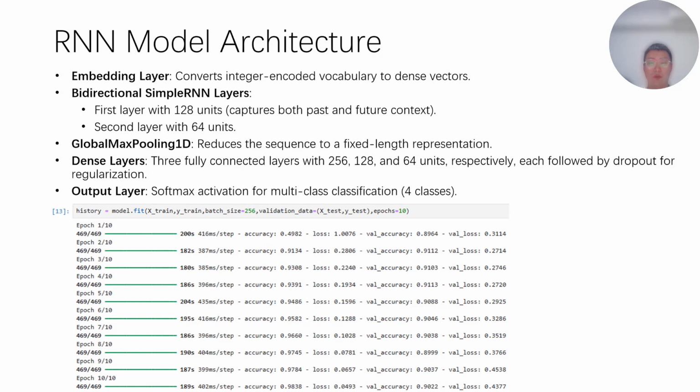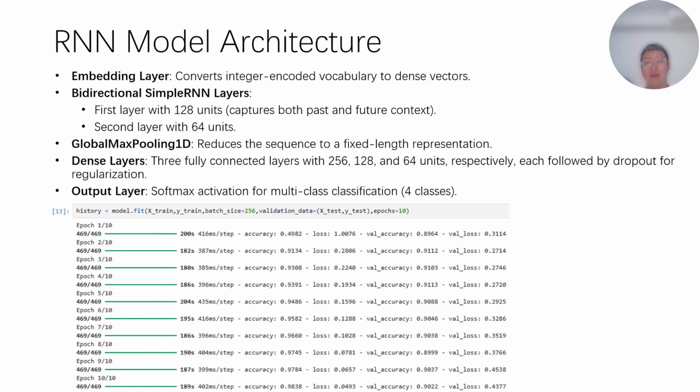This helps the model better understand the relationship between words. We use two bidirectional SimpleRNN layers. The first has 128 units and the second has 64 units. The bidirectional aspect allows the model to capture both past and future context in the sequence of words, which is particularly useful in the text classification task.